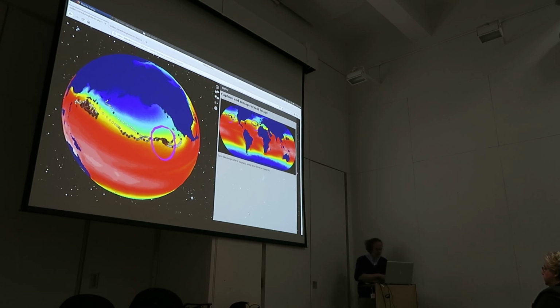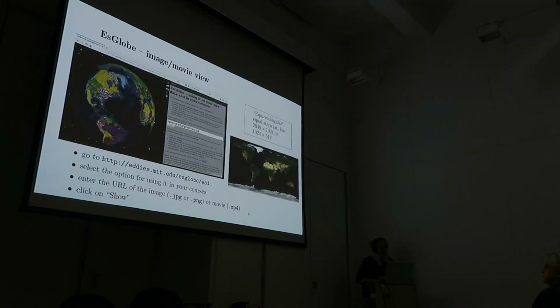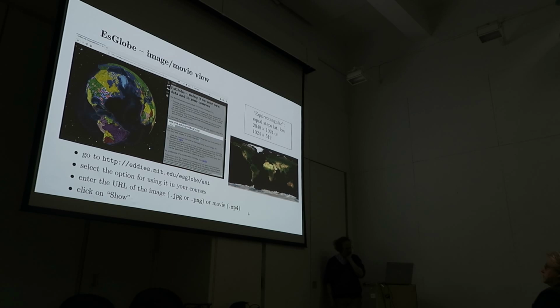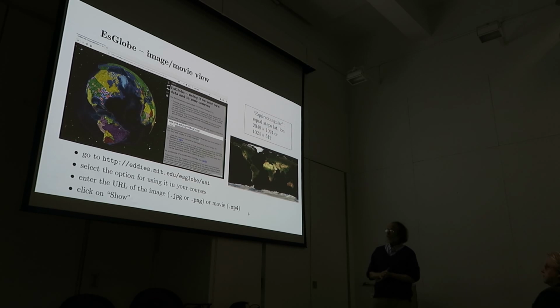So that's one approach. We are also working on some other approaches, and these are intended for people to experiment a little bit or to go ahead and incorporate into your own courses.